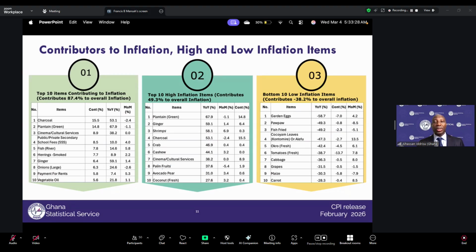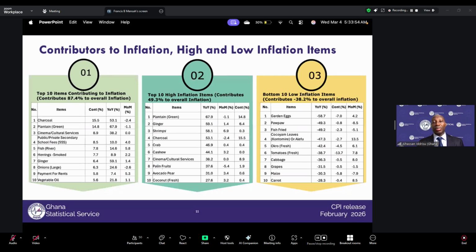Then we have contumely or cocoyam leaves, with an inflation rate of negative 47.3% in February 2026, up from negative 49.1% in January. And then fifth, we have fresh okra, with an inflation rate of negative 42.4% in February 2026, down from negative 40.6% in January.